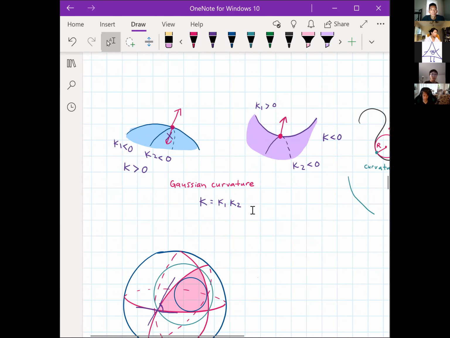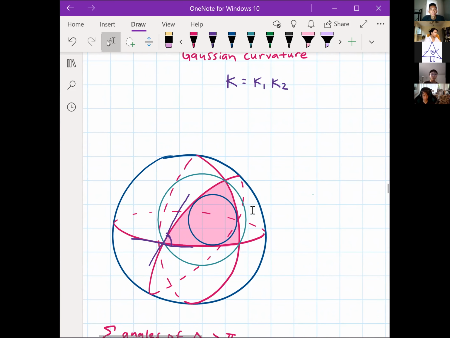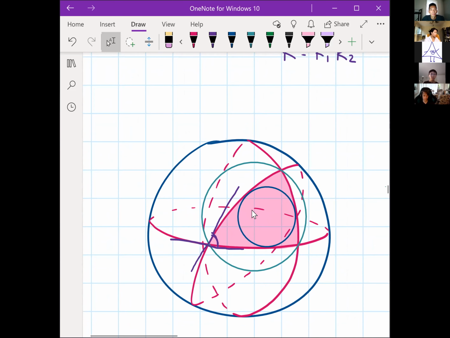Okay, so how do we do geometry on these spaces? Let's talk about the spherical case. Since we're on a sphere now, we can't really have straight lines anymore, so we'll look at the geodesics as our lines.